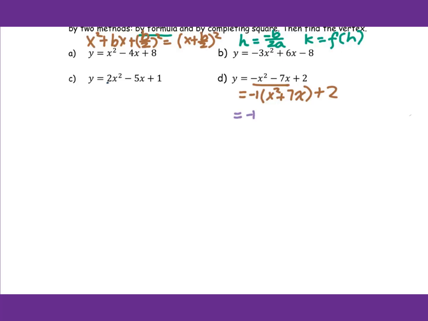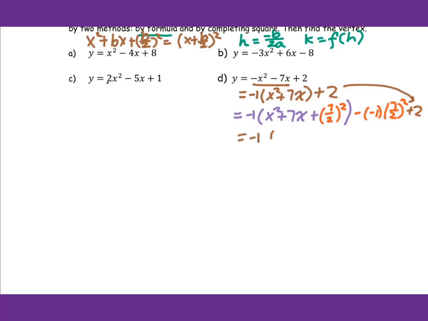Then you need to add b over 2 squared. So I add b over 2 squared. That will be 7 over 2. Then you subtract negative 1 times 7 over 2 squared. Then plus 2.